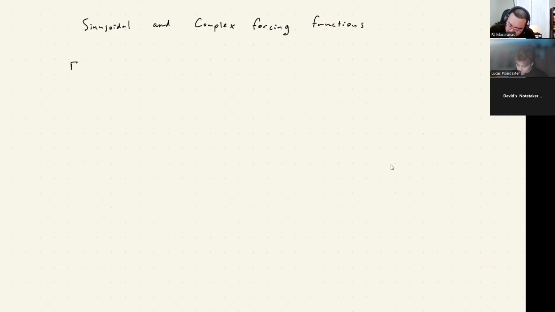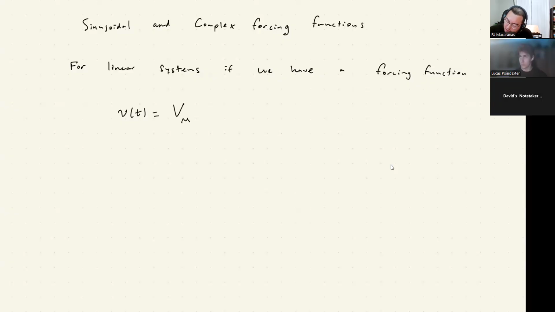So for linear systems, if we have a forcing function, right? Before we've had constant forcing functions, which are just the DC sources that we looked at before. But now we're going to have forcing functions of this form where it has some magnitude. If I'm looking at a voltage source, it's got some magnitude, v of t.